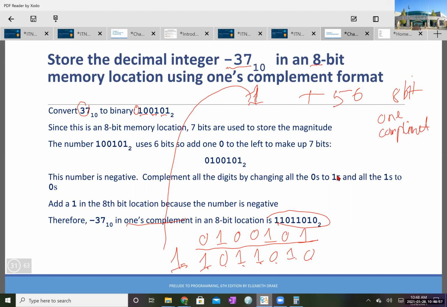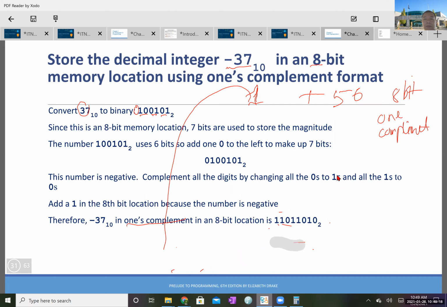What is it if you want to convert the positive 56? So converting 56 to what?